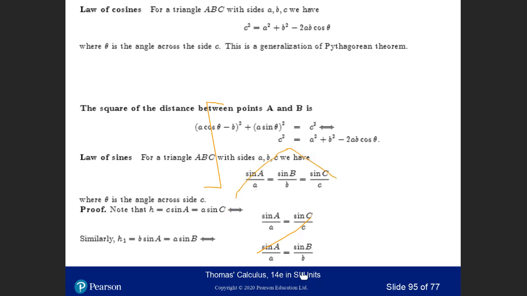So all these are equal. That's the law of sines. The first one is the law of cosines, and this is the law of sines. And you just prove it by looking at that triangle.